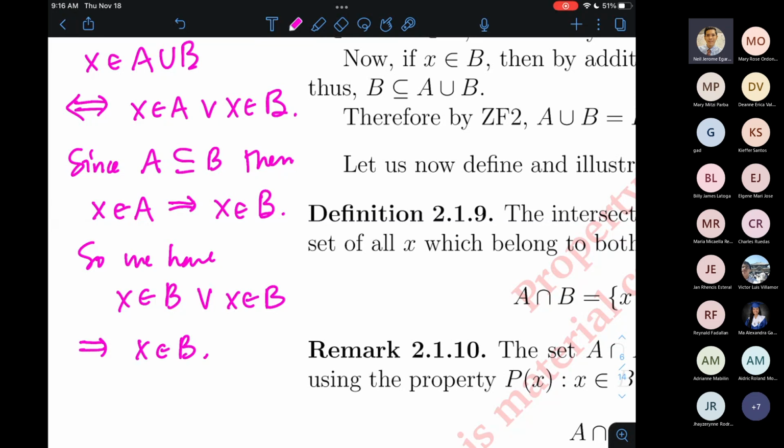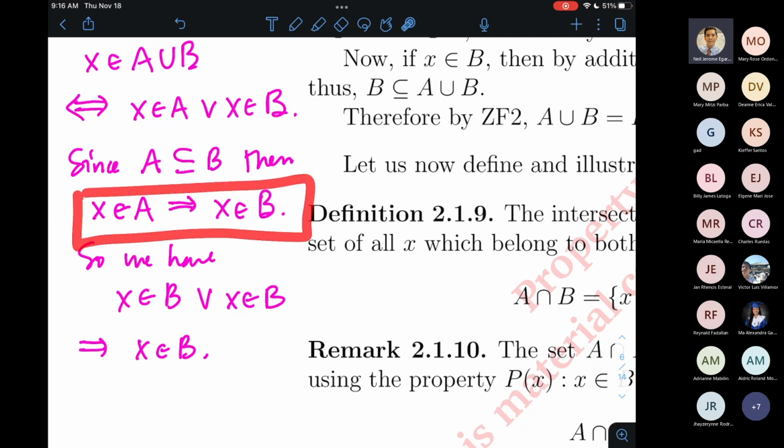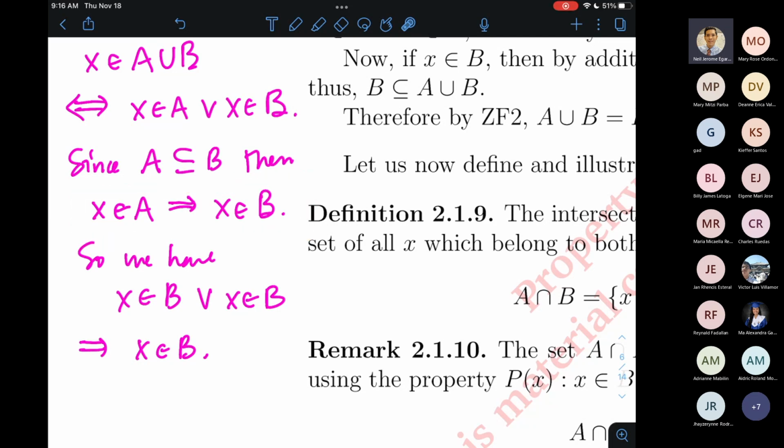Okay? So, nawala natin yung pagiging biconditional kasi gumamit ako ng modus ponens here. And remember, modus ponens is a rule of inference. So, one way lamang yung modus ponens. I cannot get from here pabalik dito kasi one way lang yung modus ponens. Alright?